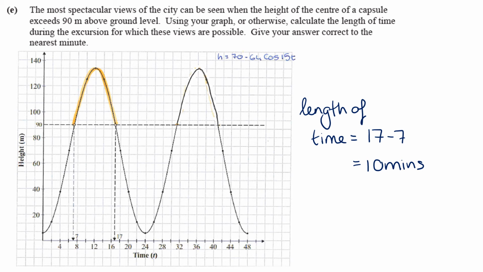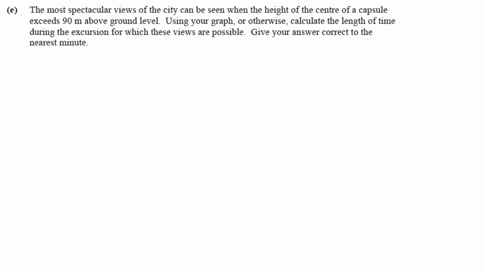Now, if you didn't want to use your graph, and I suppose you can only be so accurate with your graph, let's see another way we could work it. So we're going to treat this like the solving question we would usually see in section A. So it's asking us 90 meters above the ground. So I'm going to take my function, and the function is 70 minus 64 cos of 15t.